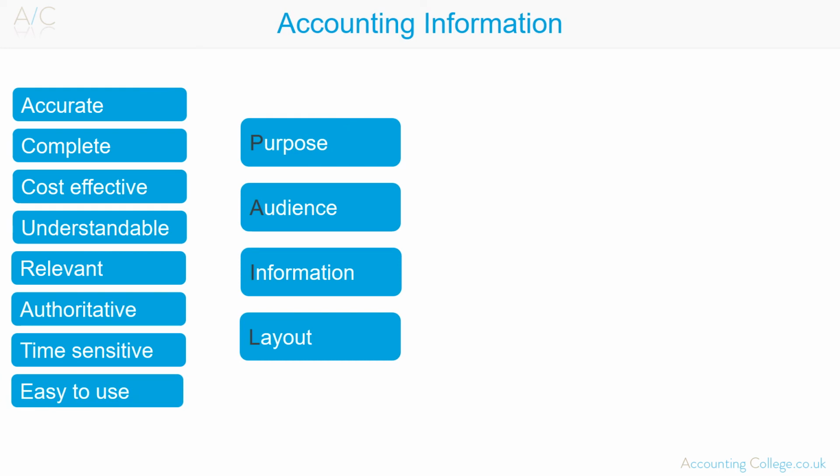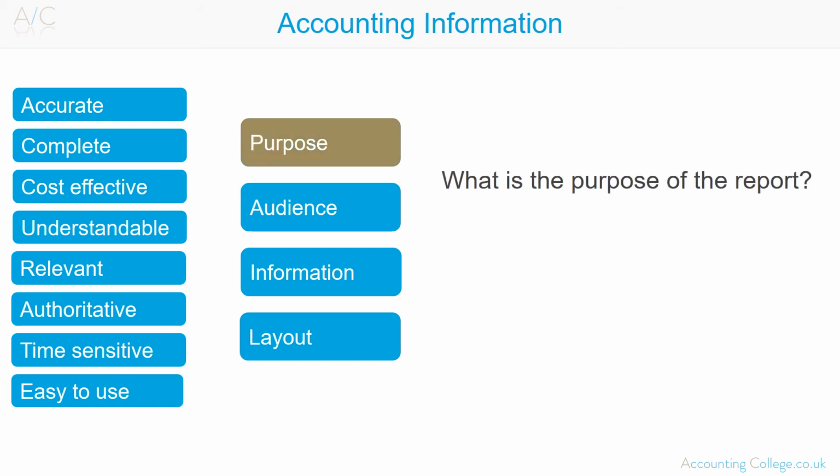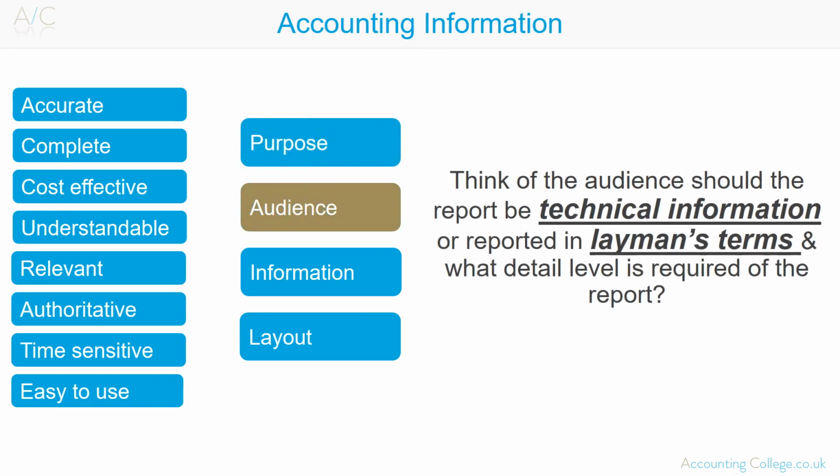When reporting and presenting information, you should think PALE: purpose, audience, information, layout. What is the purpose of the report? Is your report aligned to the organization's mission and strategies? Think of the audience. Should the report be technical information or reported in layman's terms?